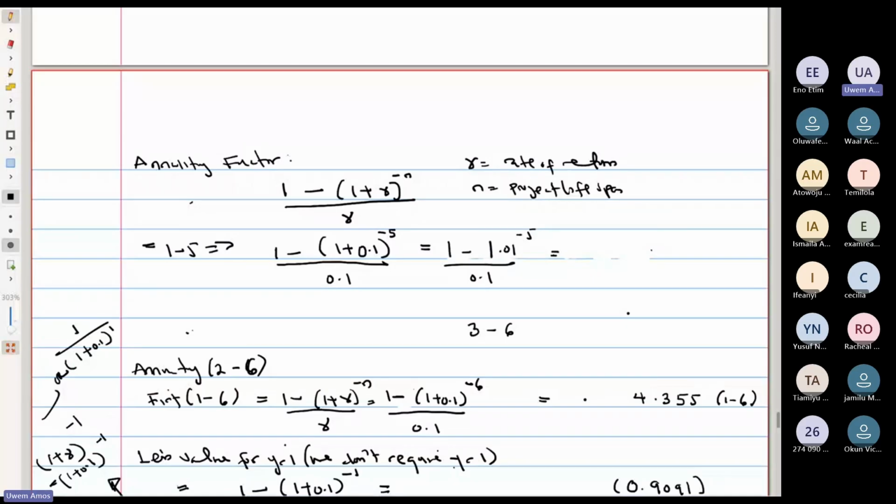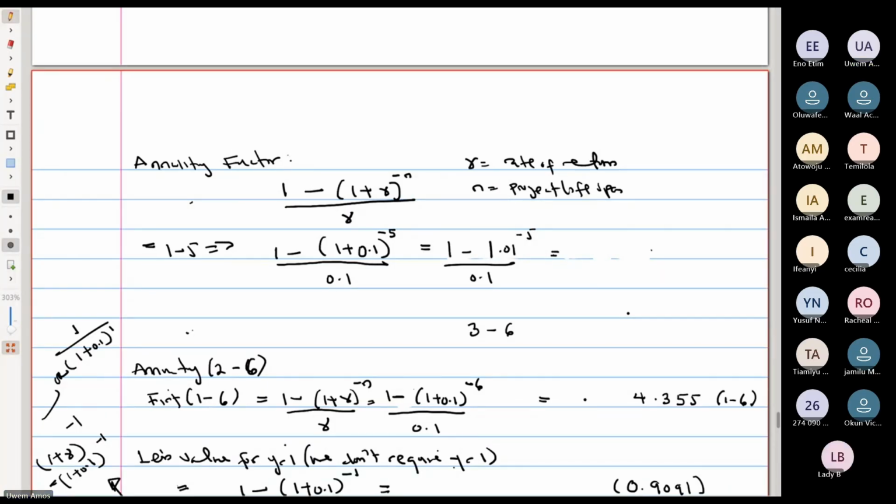I'm going to take off the minus sign because I'm working backward. So that minus sign is not relevant. Divided by 0.1. Oh, sorry, not 1.01, 1.1. That's 10%. 1.1, not 1.01. Not 1%. 1 plus 0.1 is 1.1. Okay, so that's 1.1 raised to the power of minus 5, 0.6209, whatever it is, minus 1 divided by 0.1.